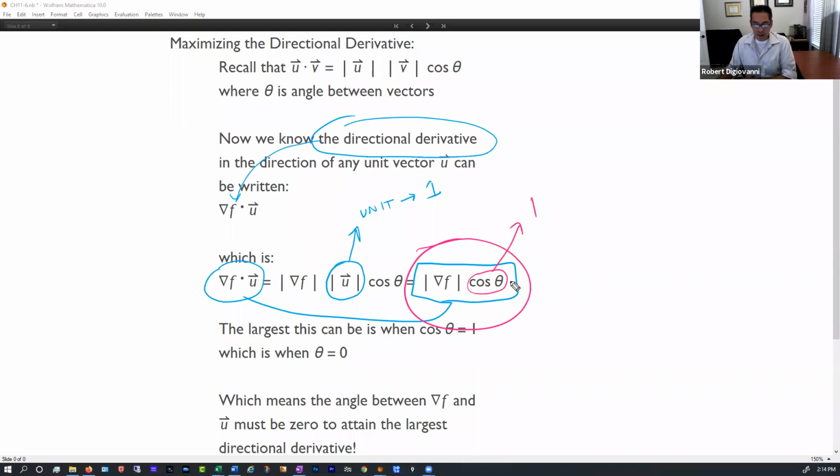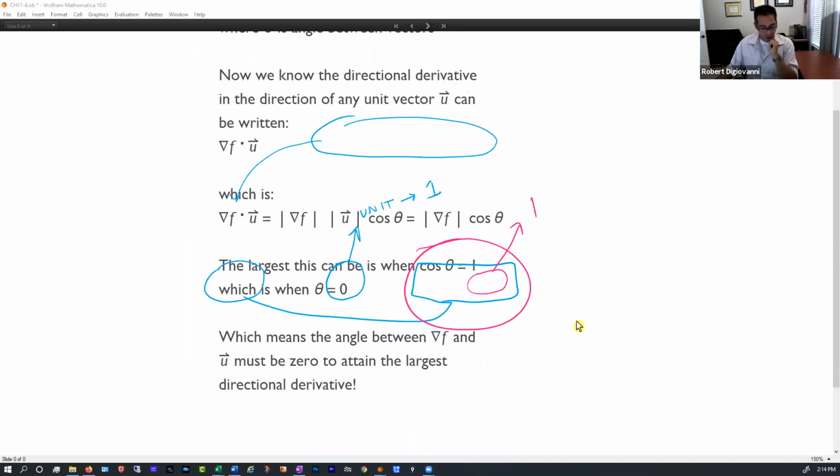And that only happens if that angle is 0. And so that means that the direction you need to point in, the u, needs to be exactly the same as the direction of the gradient vector. And that means that the gradient vector tells us everything we need to know. The direction of the gradient vector is the direction of maximum rate of change.